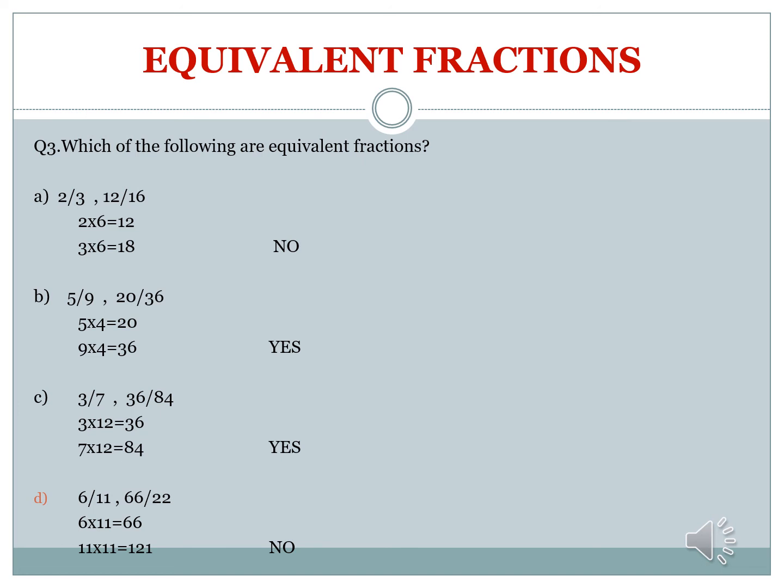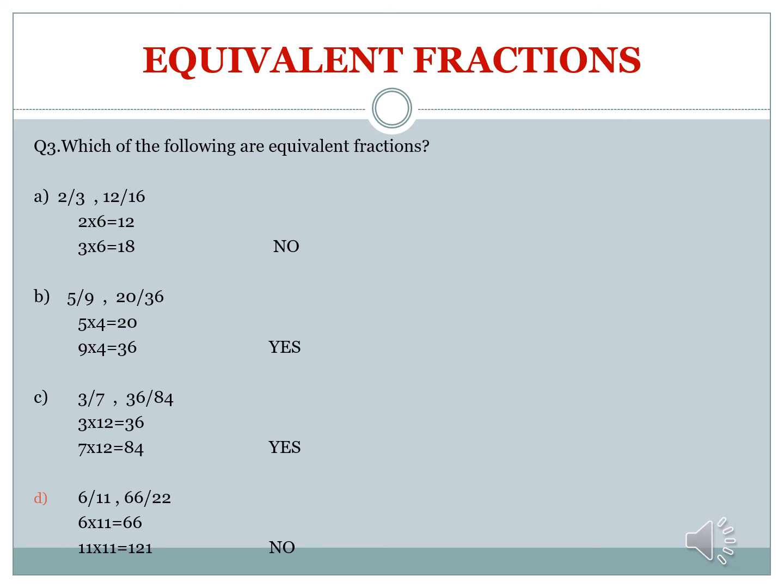So 2 and 12 are the numerators and 3 and 16 are the denominators of the two fractions given. So when we want to check whether the fractions given are equivalent or not, we are just going to see whether the numerator and denominator are in proportion or not, right? So let us first of all concentrate on the numerators of A part, 2 and 12.